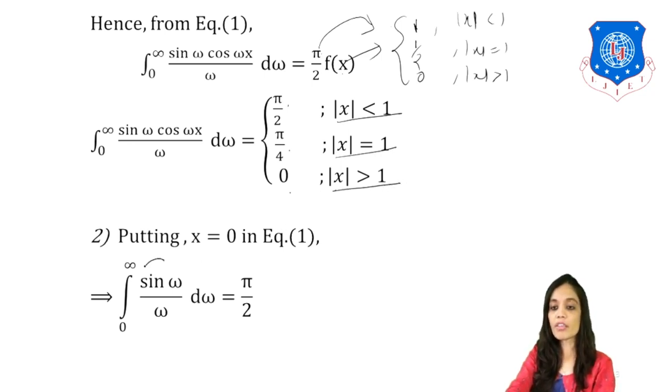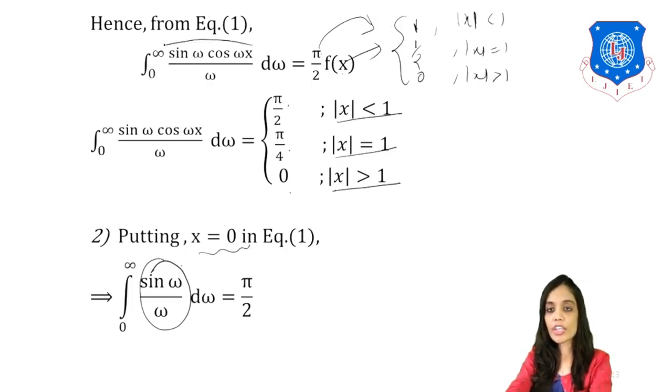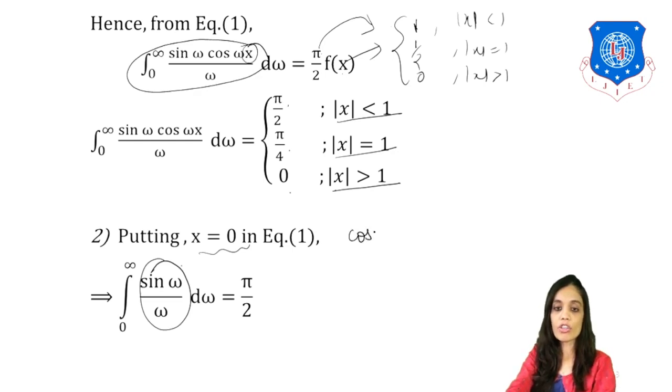Now we have to obtain the value of this, right? So in order to obtain this value, we will just replace x by 0. So in equation 1, just put x as 0. But we know the value of cos 0, that is 1. So if we put 1 over here, we will get our final answer as the integration 0 to infinity of sin omega upon omega d omega equals pi by 2 times f(0).